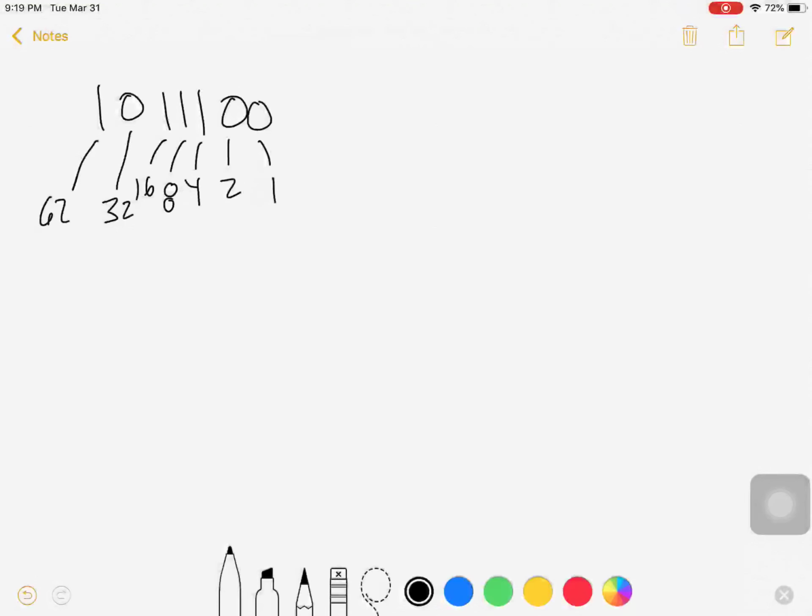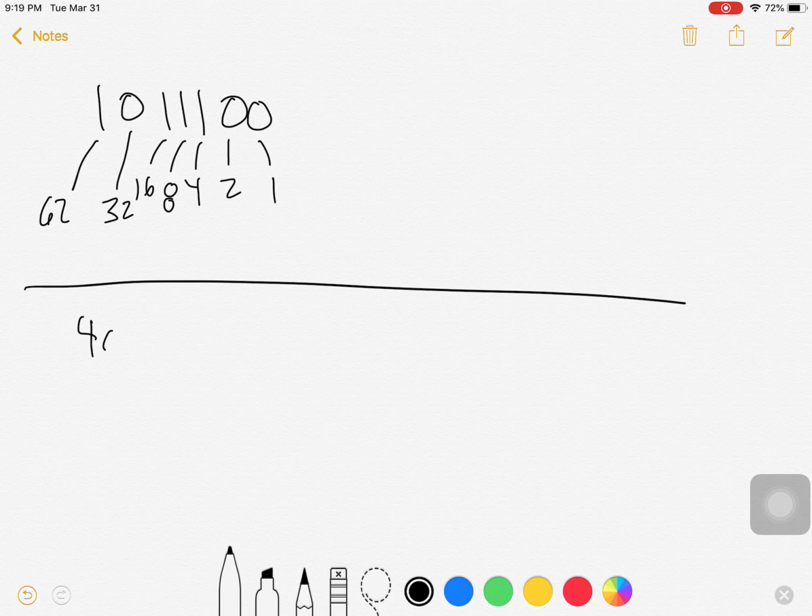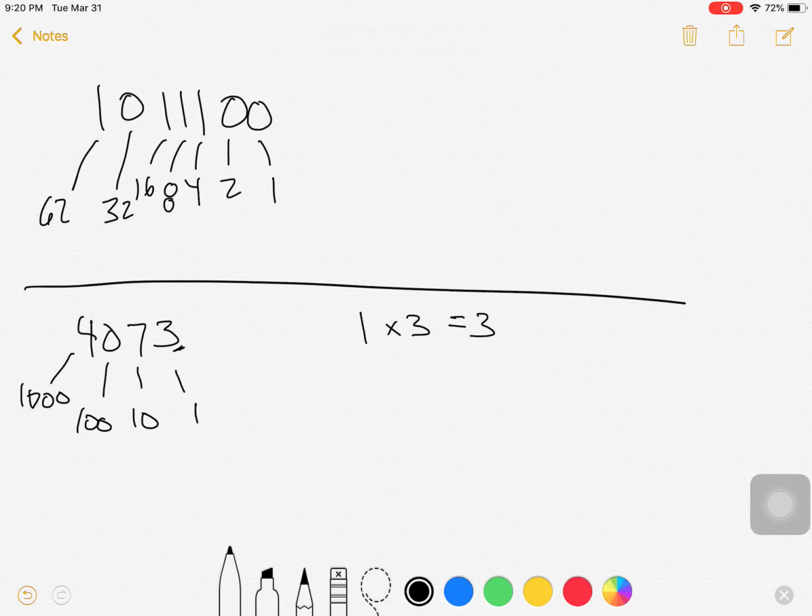Now think about how we would do this, again, if we were doing a decimal number. We'd say, if I had that $4,073, this is my ones, tens, hundreds, and thousands. So when I say how many ones do I have, 3 of them. How many tens do I have?